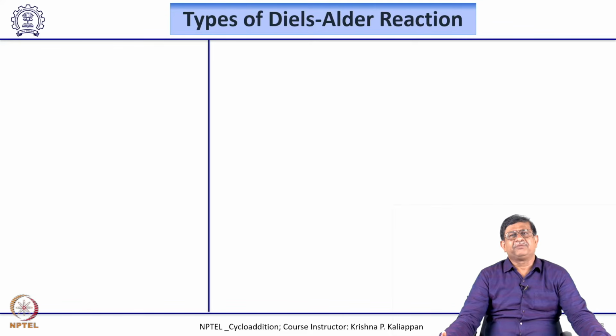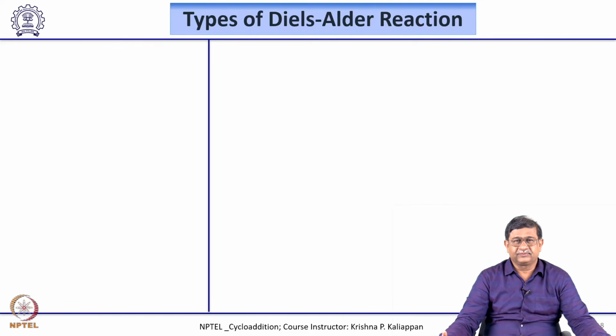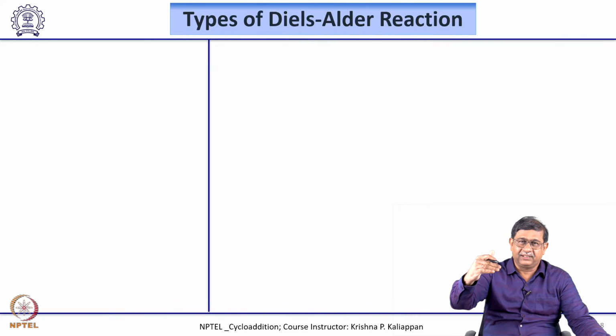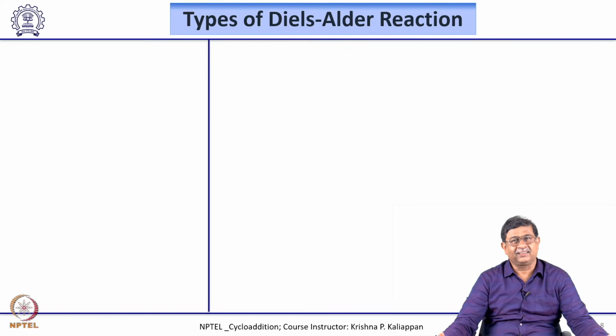What are the various types of Diels-Alder reaction? We started from organic reactions, then pericyclic reactions, then cycloaddition, and in cycloaddition now we are talking about the Diels-Alder reaction. Normally the Diels-Alder reaction is broadly classified into 2 types.